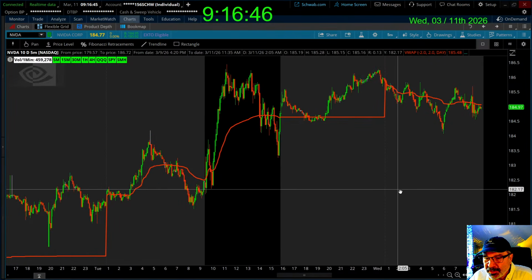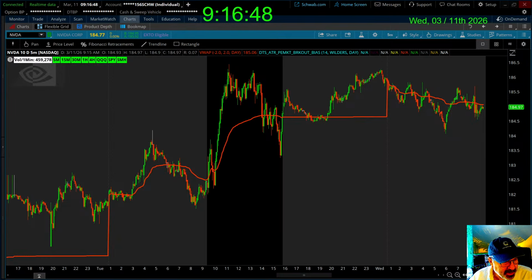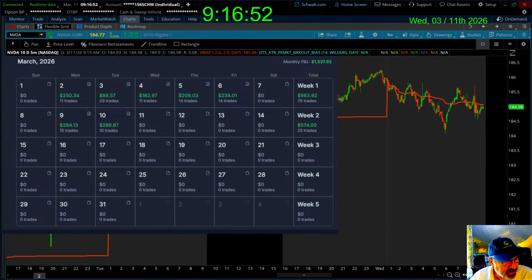Let me look at the 5-minute of NVIDIA. We'll go over how we did yesterday. Let's do that first. I came back on briefly, and here's our update there. So yesterday was, does that say 288? I can't read on this small screen here. 289, and the day before that was 284. So we're creeping up in our average.